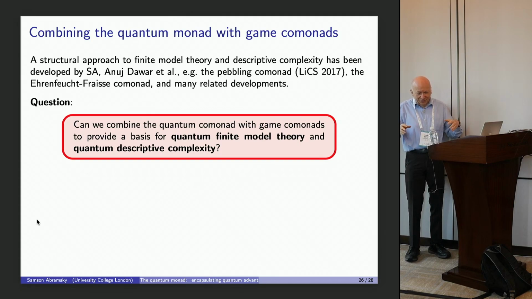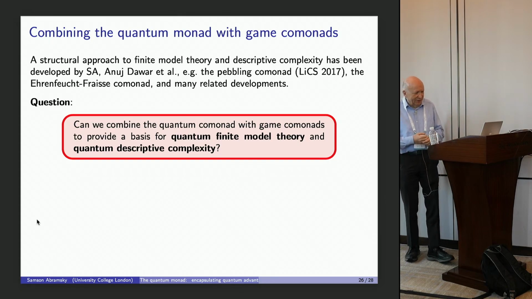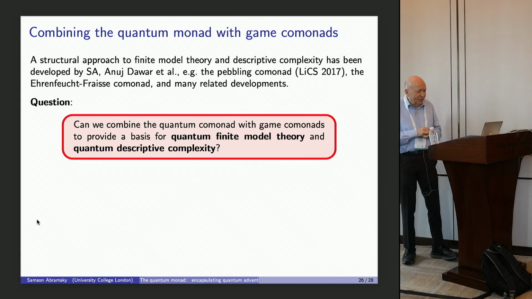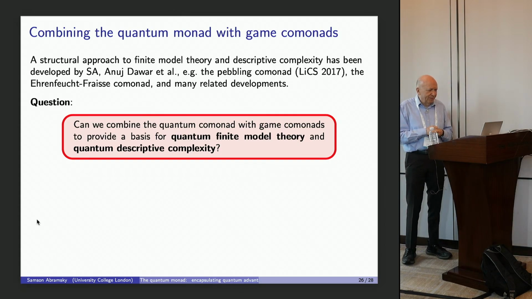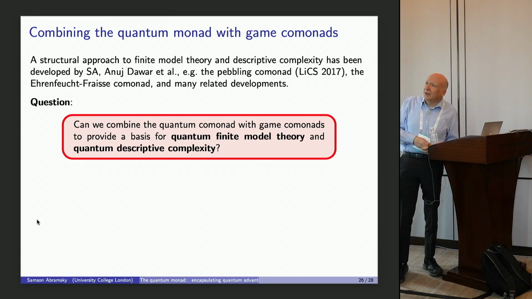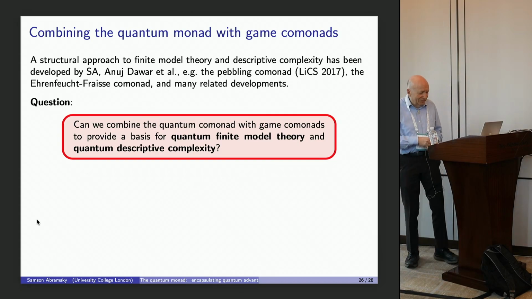It corresponds to showing that you preserve all the properties up to what you can express in a given logic. So it's a very rich paradigm that's been extensively developed in computer science. So the question that arose is, can we combine the quantum monad with game comonads to provide a basis for a quantum finite model theory and quantum descriptive complexity?